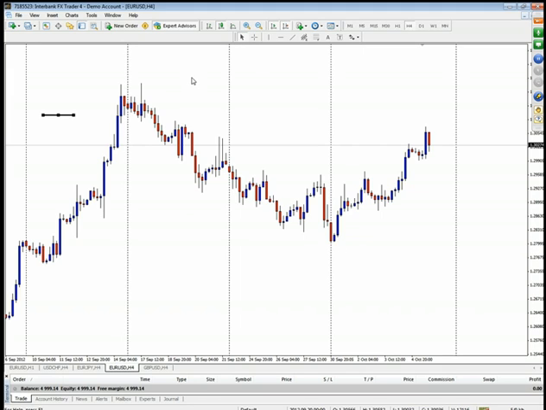And then I use a simple thing, which is if my stop is 100 pips, then I'm looking for a 100 pip target. So then you're getting a 1-to-1 win-loss ratio. If it's a 200 pip stop, then you need to go for a 200 pip take profit, and that's it.